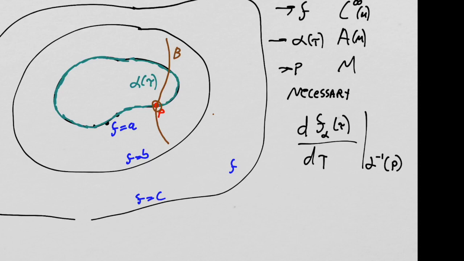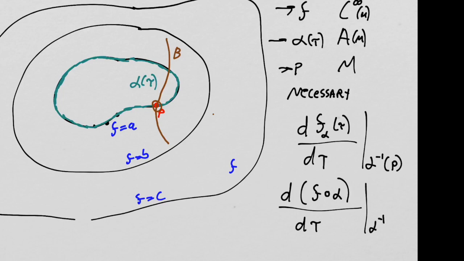What this literally means is f after alpha, d tau, evaluated at alpha inverse of P.